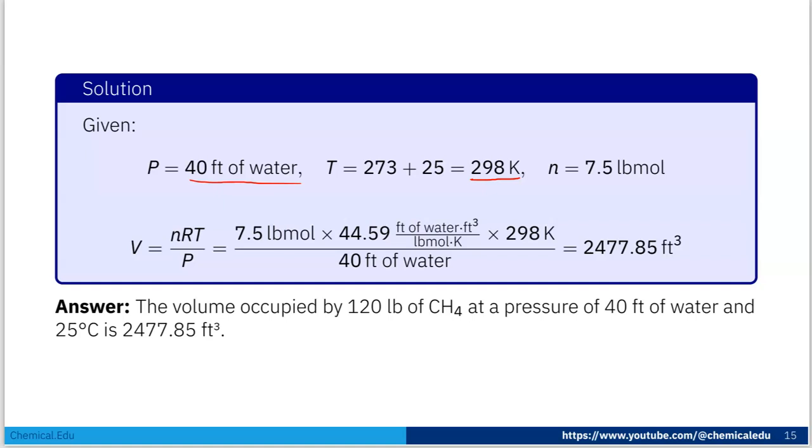Now V is equal to nRT by P. So N is 7.5 pound mole, R is 44.59 which we have calculated, the temperature is 298 Kelvin and P is 40 feet of water. If we do the calculation, the volume occupied by 120 pound of CH4 at a pressure of 40 feet of water and 25 degrees will be 2477.85 feet cube.